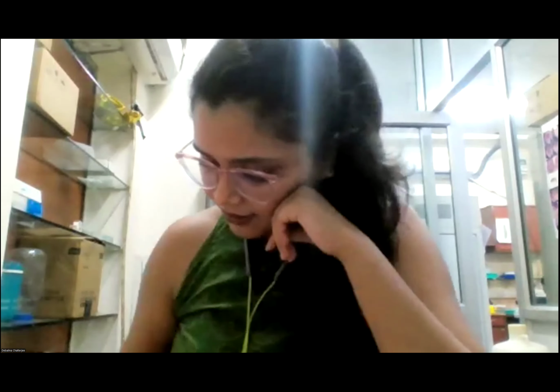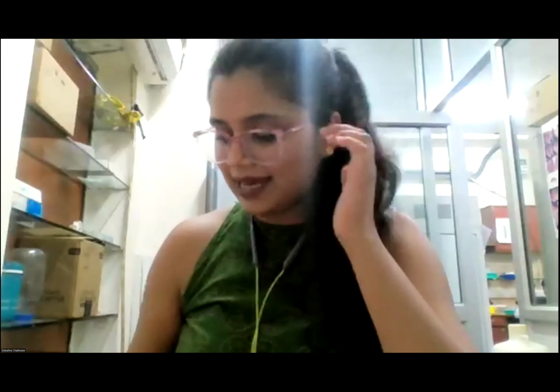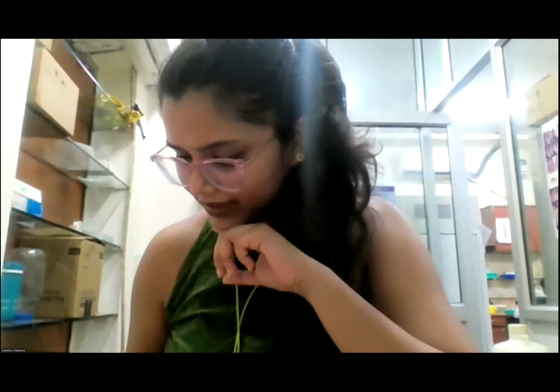But you see that the variable regions are always at the very tips of the 3D fold, to allow easy binding and easy access for the antigen. So this is the antigen binding site, and all the different chains are folded like so.